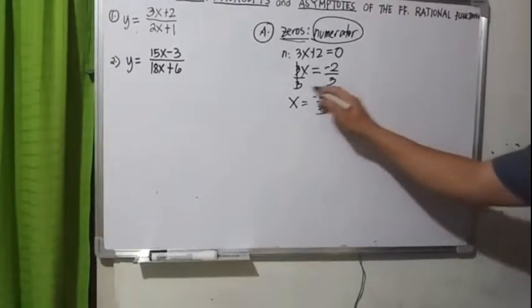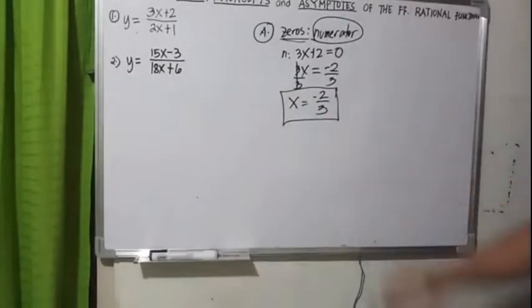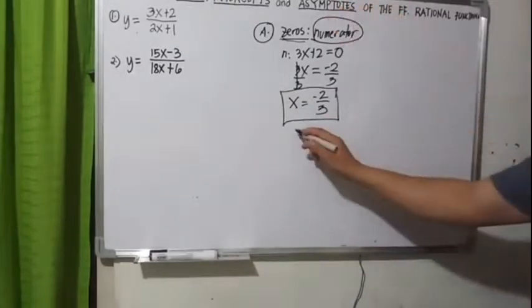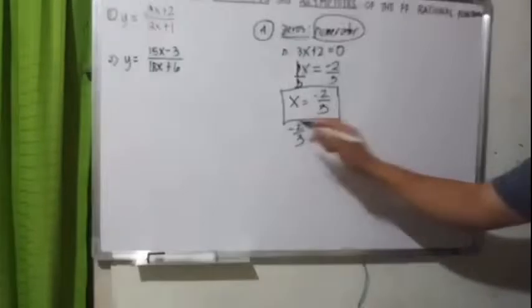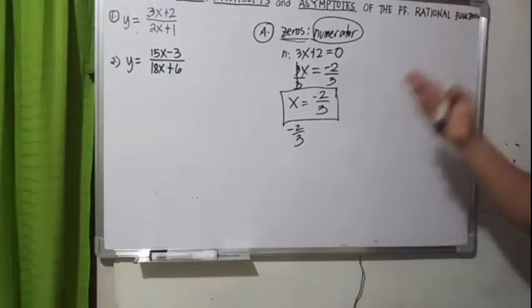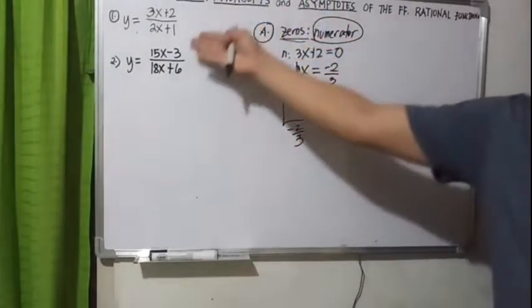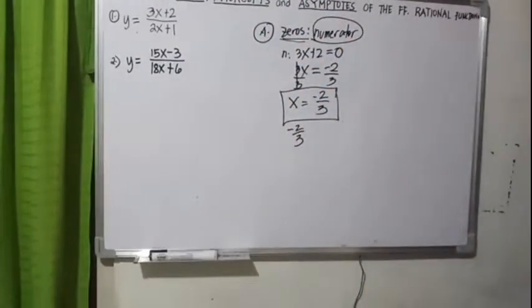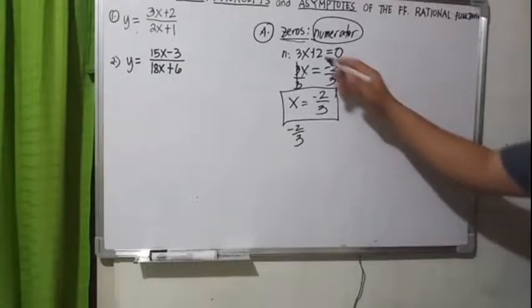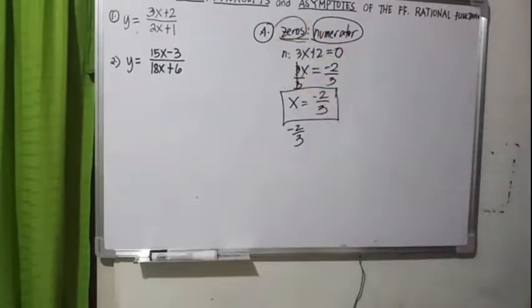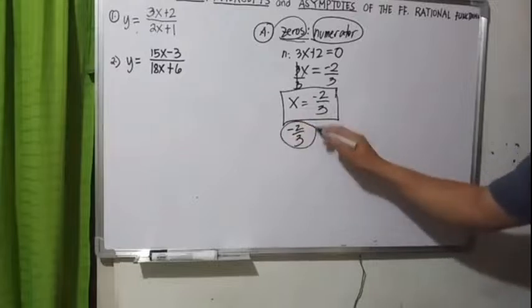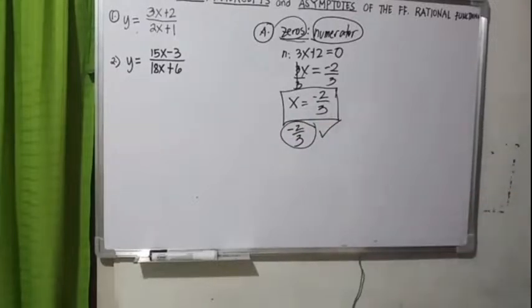So that is the 0. So the 0 of that given function is negative 2 over 3. Why? Because if we substitute negative 2 over 3 sa equation, it makes the rational equation equal to 0. So ito na yung sagot natin. That is negative 2 over 3. Okay? Next.